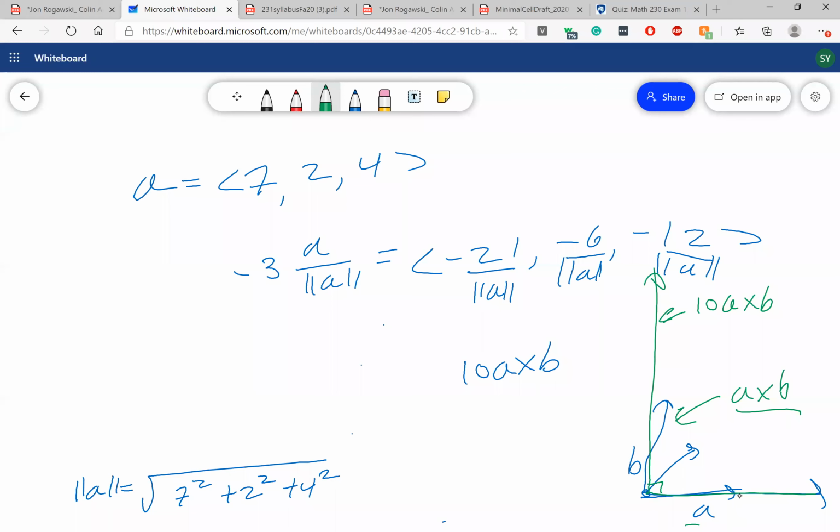And again, that would tell us that 10A cross B is orthogonal to A. Another thing you can do is move the constant outside, so it's 10 times A cross B. And this is orthogonal to A because it's just 10 times that vector. It just makes it bigger. Yeah? All right, thank you.